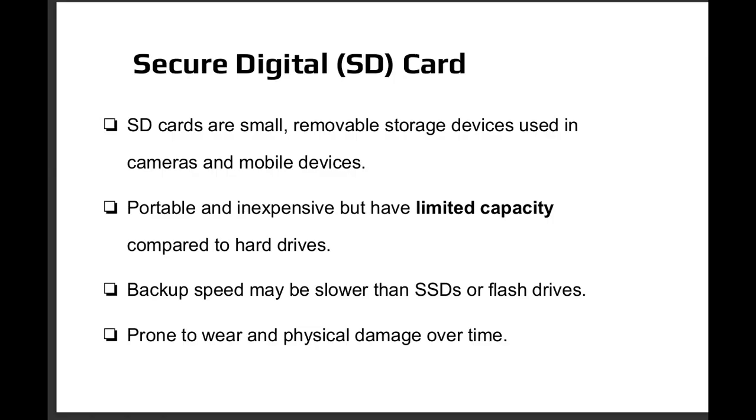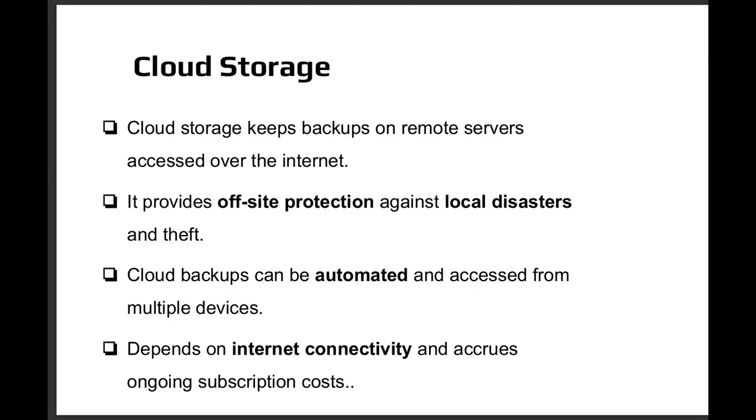And our final data backup type is cloud storage. Cloud storage is accessing our data from a remote server over an internet connection. Cloud storage is managed by our vendor, the CSP, Cloud Service Provider, who is responsible for maintaining our data securely from their own servers and storage devices. Cloud backups can be automated.